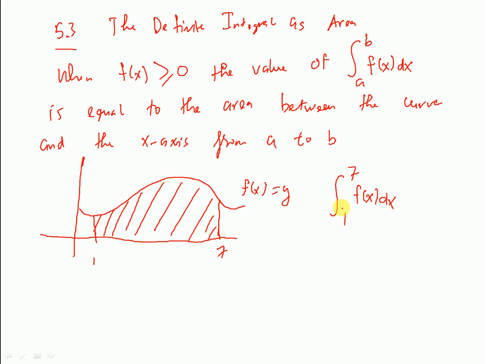So that's how the meaning of this one. But in fact, sometimes we do have the value f of x to be negative. So let's take a look at that case.